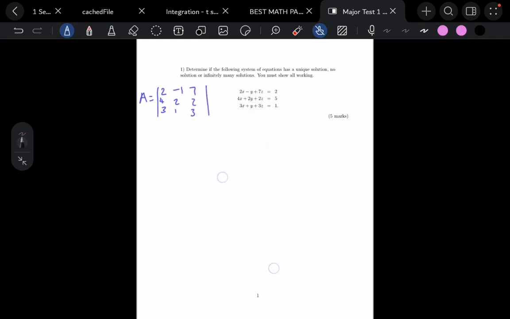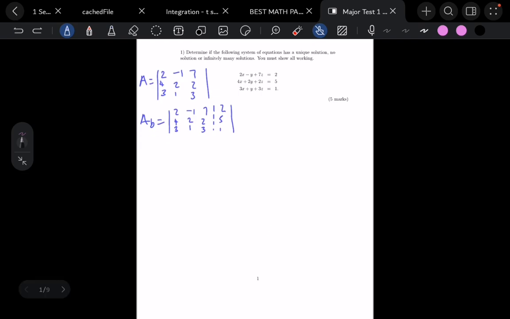That is matrix A. And matrix AB should be 2, 4, 3, negative 1, 2, 1, 7, 2, 3, and substitute this dash line to write an augmented matrix. So this is an augmented matrix, the one with AB, because it's the one with that line. Another thing that you need to do, you need to find the determinant of both of these matrices.